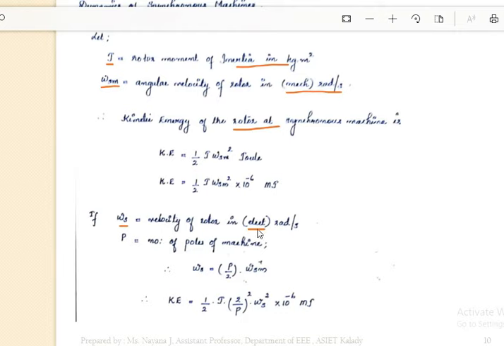We are converting that mechanical to electrical radians per second, where p represents the number of poles of a machine. And we know that electrical is equal to p by 2 into mechanical, or the velocity of the rotor in electrical radian per second is equal to p by 2 into velocity in mechanical radians per second.